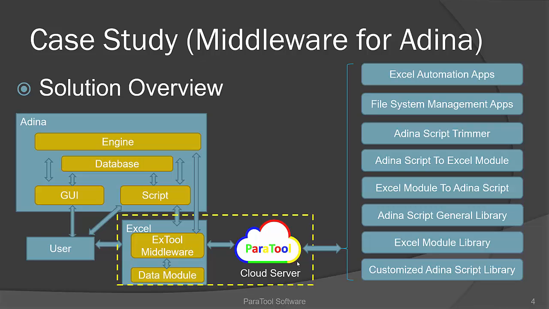We also have a general library of Adina scripts and Excel modules for users to easily search, and for enterprise customers, you can customize an in-house Adina script library and append to it as an archive for your project experience or a knowledge-based library for later use.